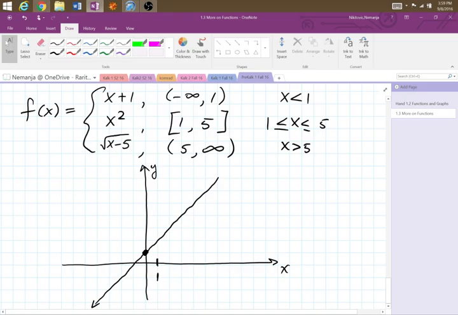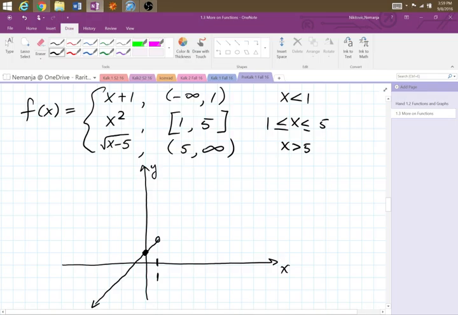So now I have to take my eraser and erase everything after 1, because the function doesn't live on that side. And I will place the open circle here at the end, because I had an open interval, and an open interval does not include the point.